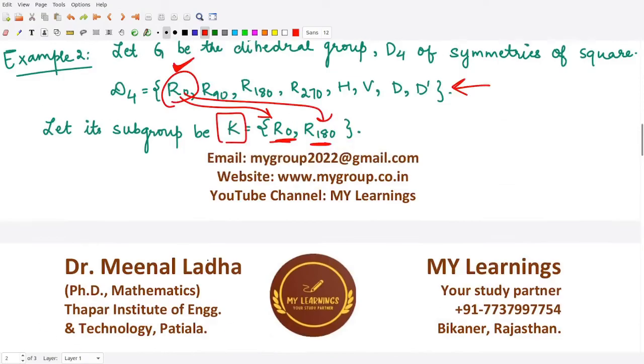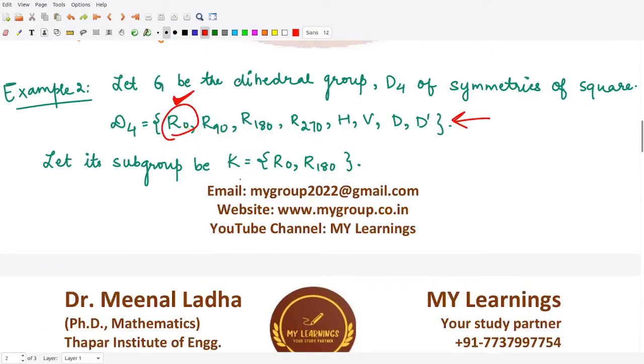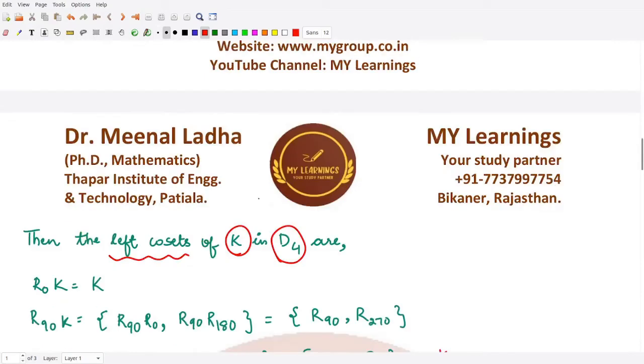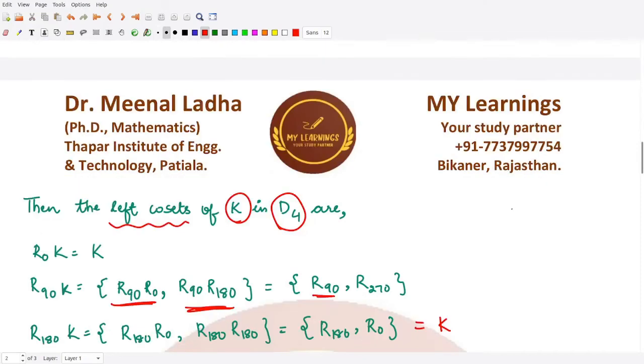Next, for the second element R90, we have the composition of R90 with K. So we have the composition of R90 with R0 and R90 with R180. R90 with R0 is just R90. And then we have R90 with R180. Suppose this square has corners 1, 2, 3 and 4.